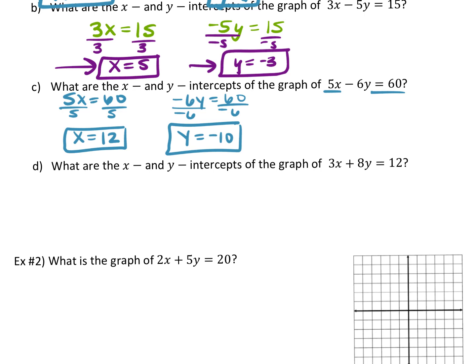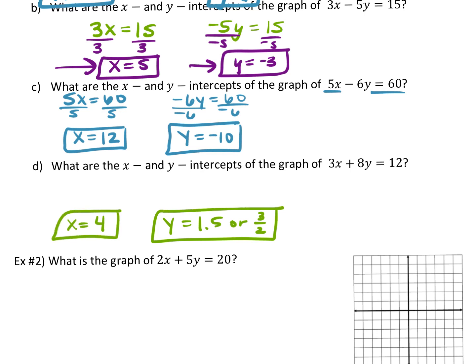What did you get on D? X equals 4. Y equals what? 1.5. 12 over 8 reduces to 3 over 2. It is 1.5. So you can write it like that, or you can write it like this. Either one is fine.